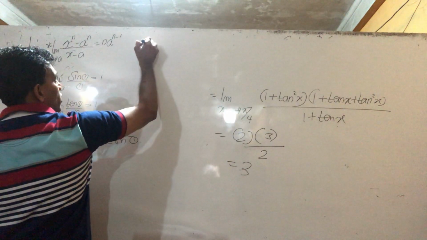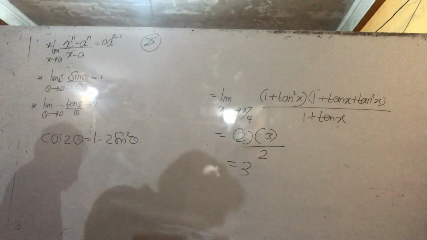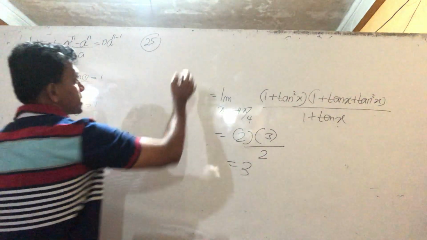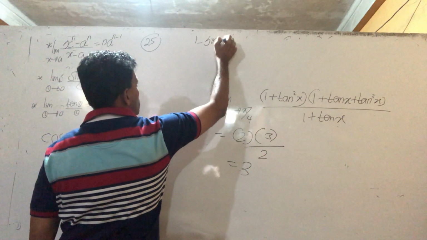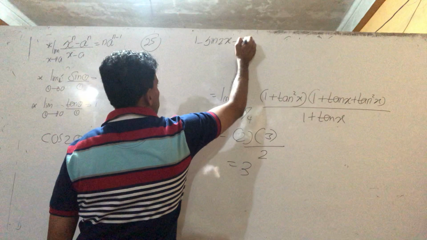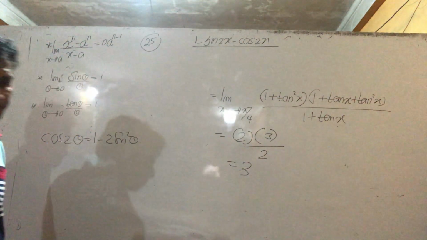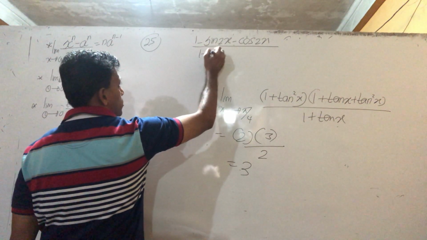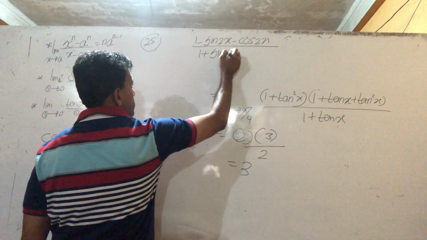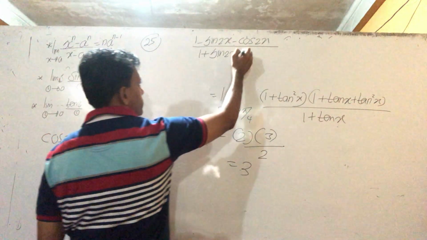Next, question 25. Problem 25: 1 minus sine 2x minus cos 2x over 1 plus sine 2x minus cos 2x.